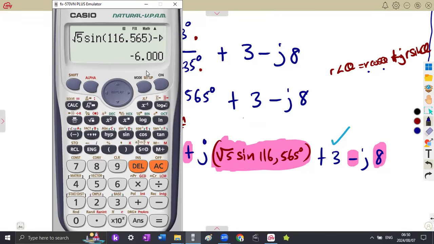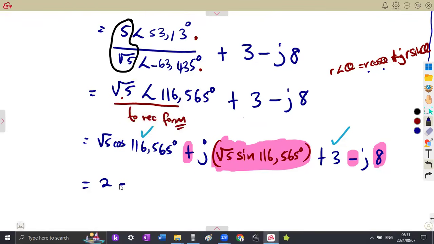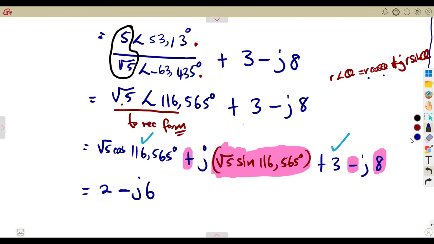So this is minus 6.000 like that. So this is going to give us a minus 6. So that's minus j6. Remember, we are talking of the imaginary part where we have got a j. So the j is just going to remain as it is. So it will be minus j6, which is exactly the same answer that we got here.